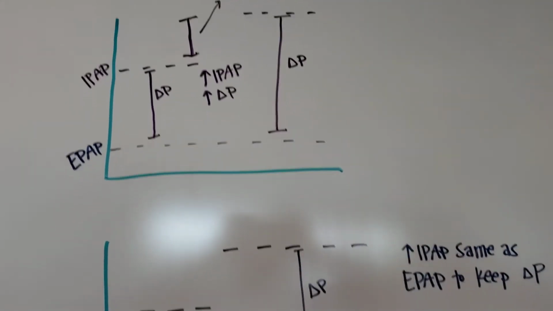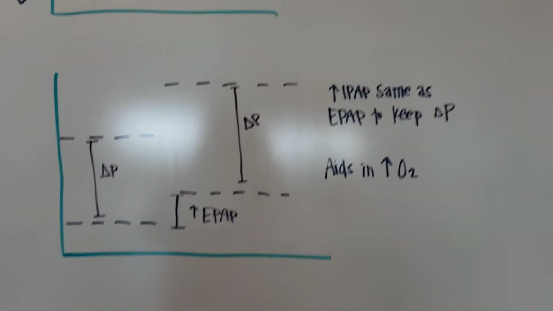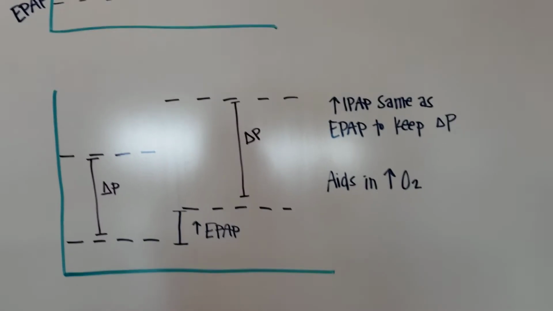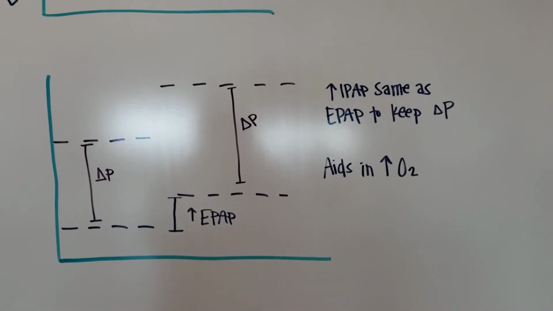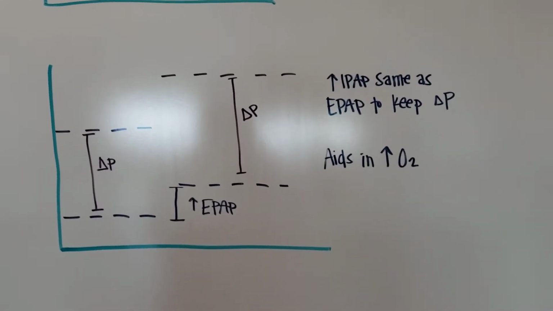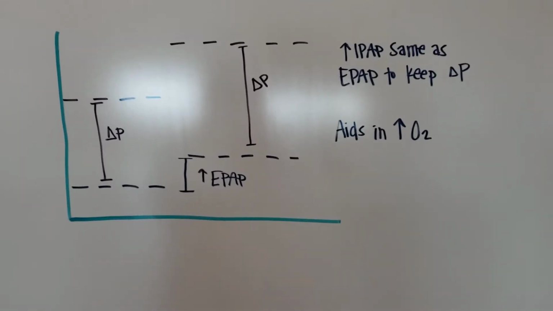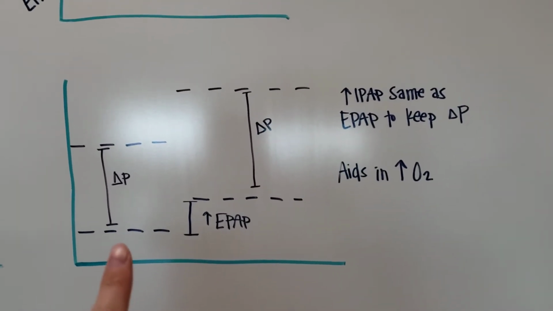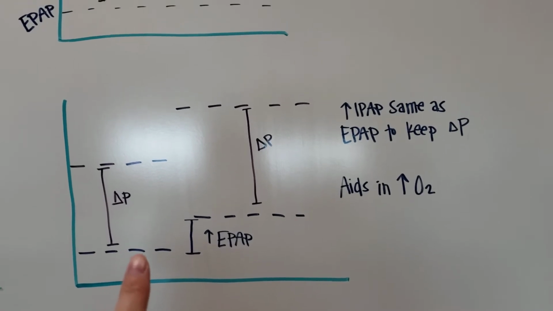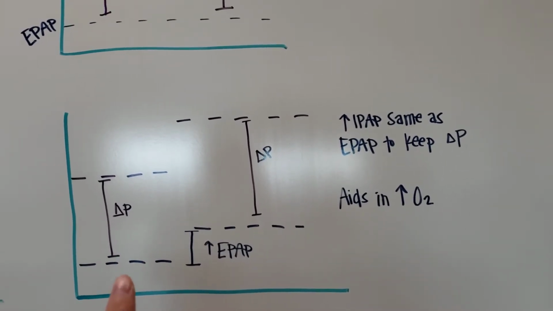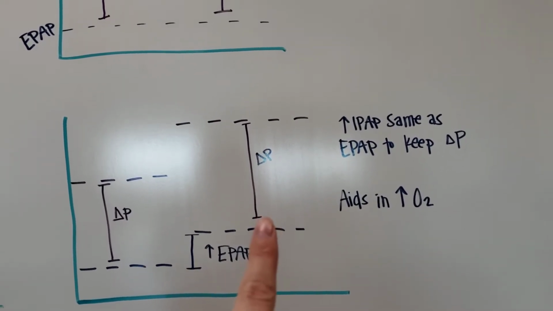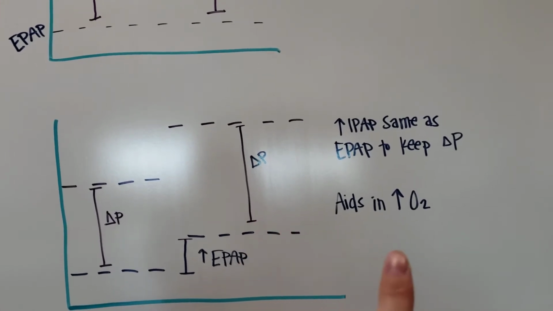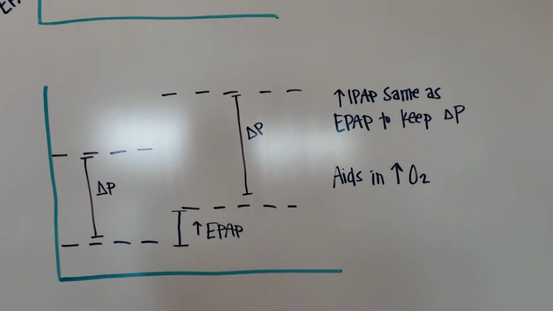If we come down here, we can see how EPAP changes. This one can get a little bit tricky. At the far left here, we can see this is one breath we're delivering with our delta P. By increasing our EPAP, that helps increase our oxygenation and aids in alveolar recruitment.